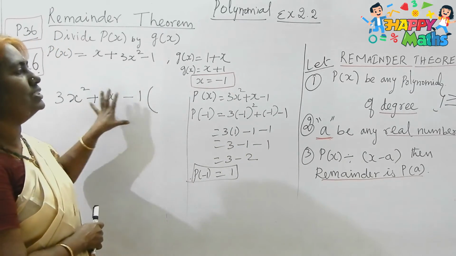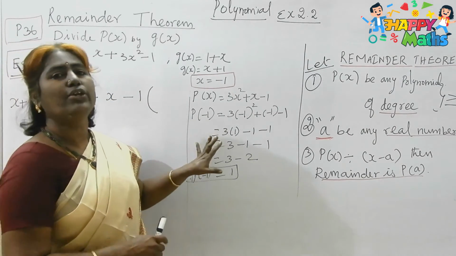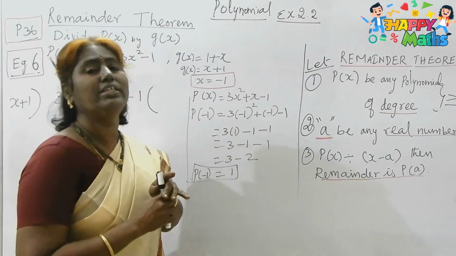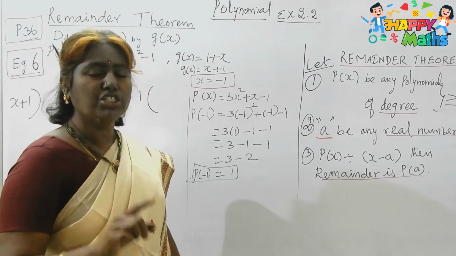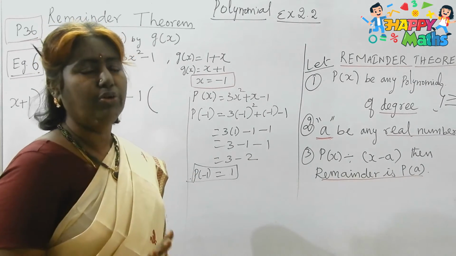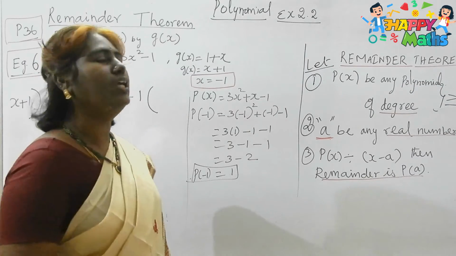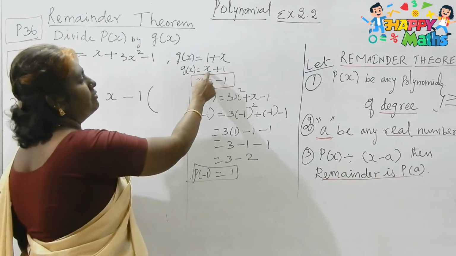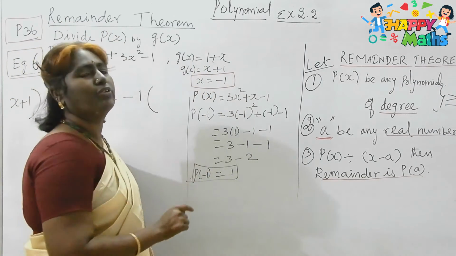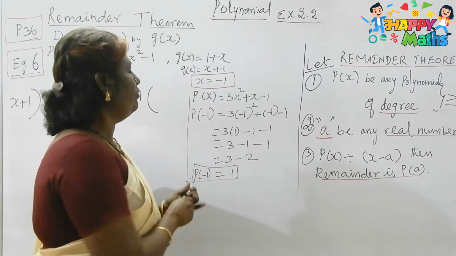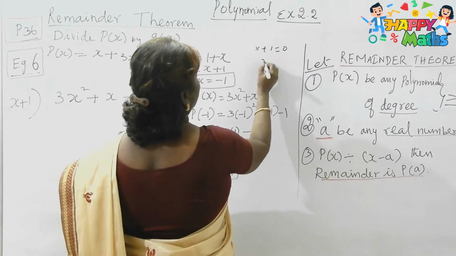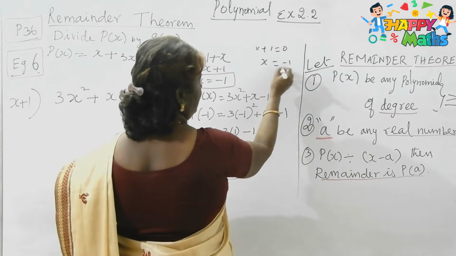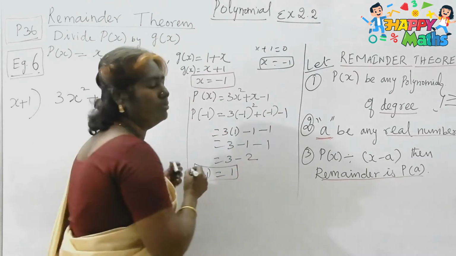Instead of dividing, first of all, let us find the value, as you have learnt in question number 3 and question number 4. If you have watched my question number 4 video, you can very quickly say that in the place of x plus 1, the value of x is equal to minus 1. The actual way of doing it is writing x plus 1 is equal to 0, then x is equal to, it will come to this side, then only x equals minus 1.